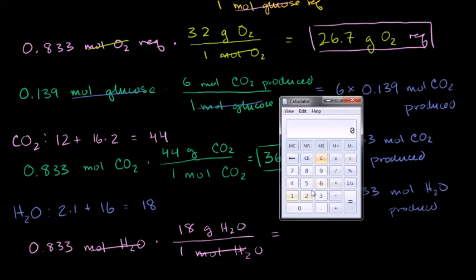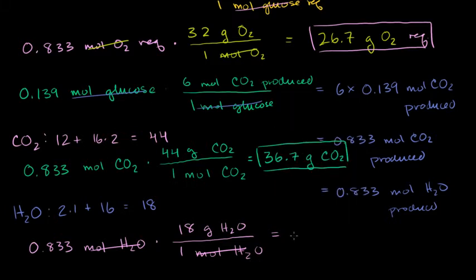And the calculator, 18 times 0.833 is equal to 14.994. So we can just round that to 15.0. So we have 15.0 grams of water produced.